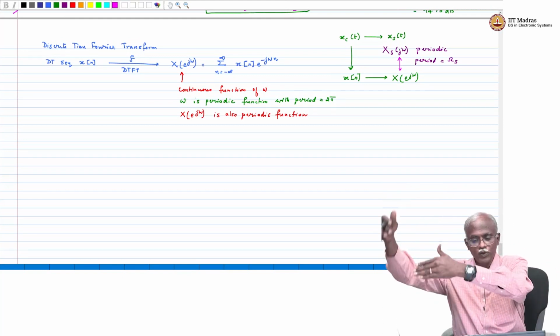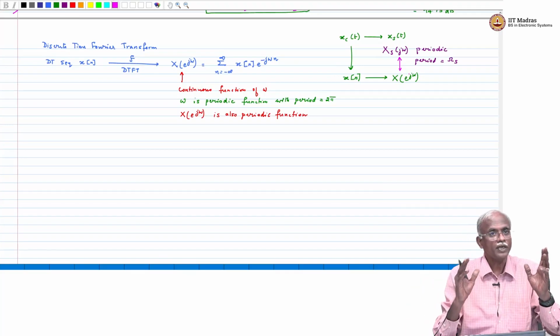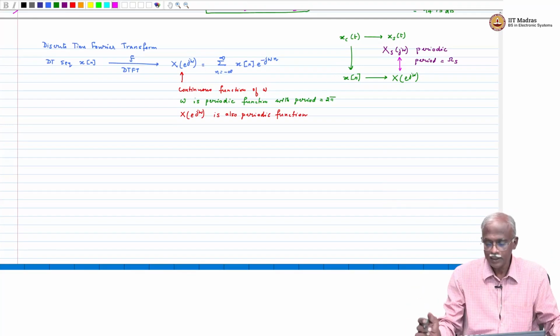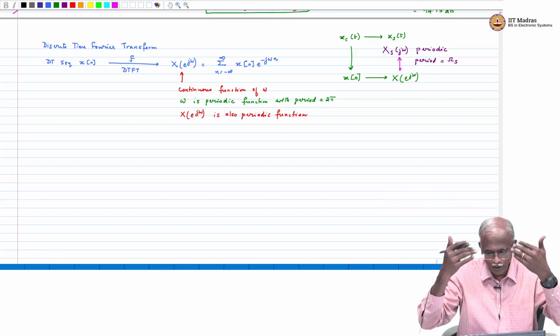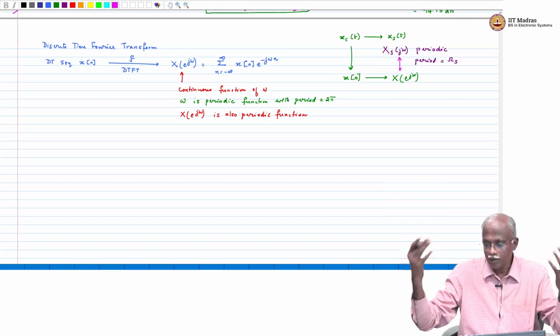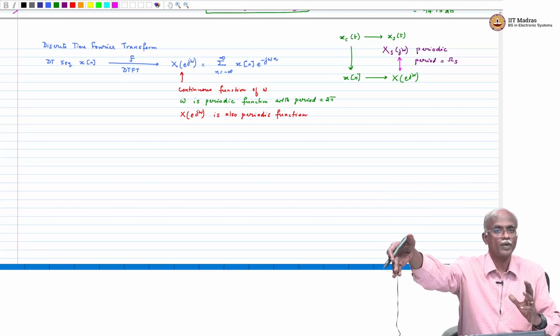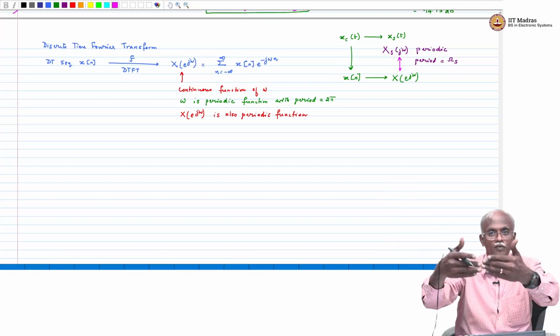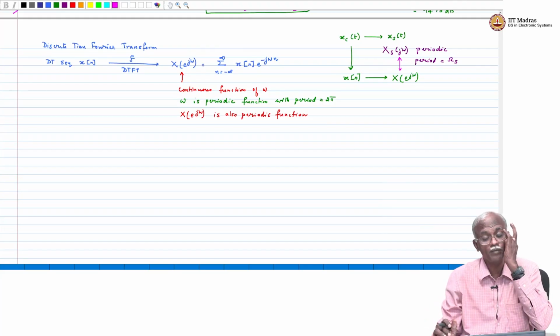The Fourier transform of both must be the same, and that is why X(e^(jω)) is periodic, completely consistent with the fact that X_s(jω) was also periodic, because we have mapped it into the discrete time domain.